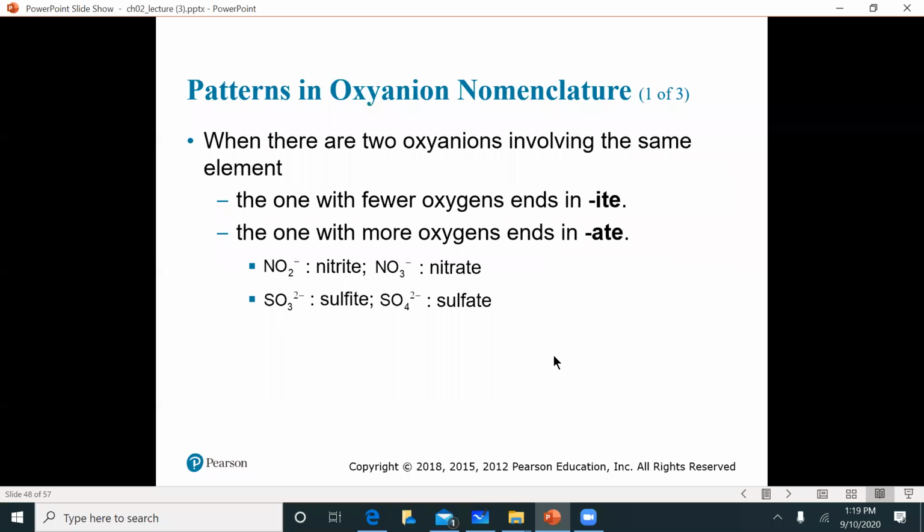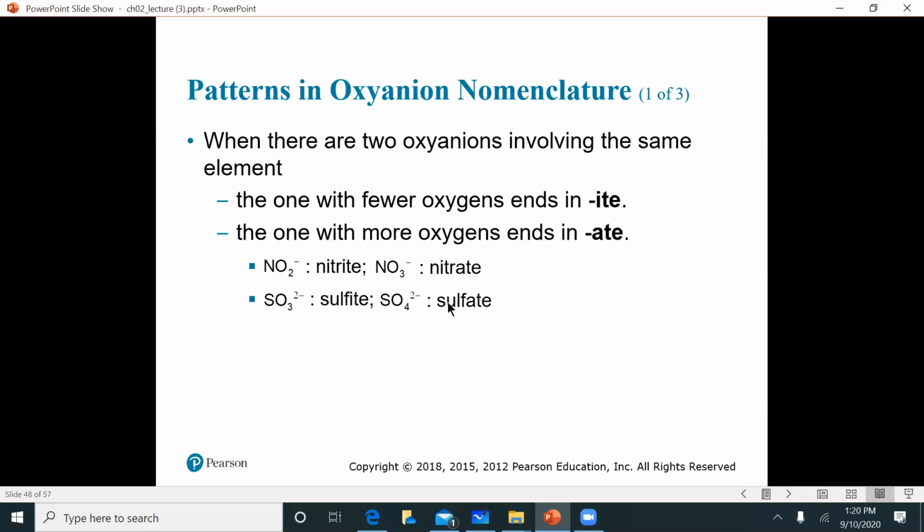So, patterns of oxyanion nomenclature. All this is saying is, it gives you a little help with your ates and your ites. If you know your ate, like nitrate here is NO3 minus, to get to my ite, I just strip one oxygen away. So if I know nitrate is NO3 minus, nitrite is going to be NO2 minus.